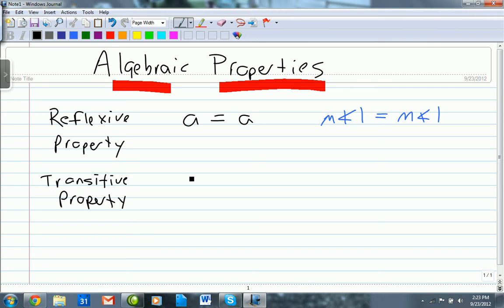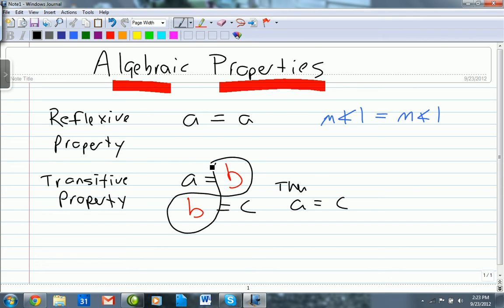So to write that, if A is equal to B, and B, that same B, is equal to C, then A has to be equal to C. We have two things, A and C, both of which are equal to the same B. They share a common equality.